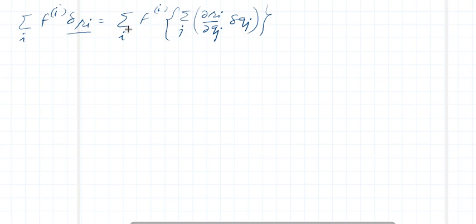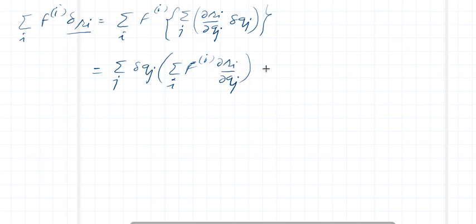And I can take this outside and this inside. So if I simply rearrange it, it is summation over j delta qj summation over i Fi curly ri by curly qj. I can express this in this manner, as I have discussed in the earlier lecture also. Let me call this equation number 4.